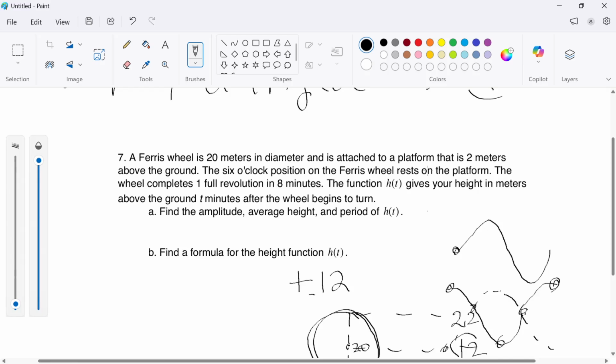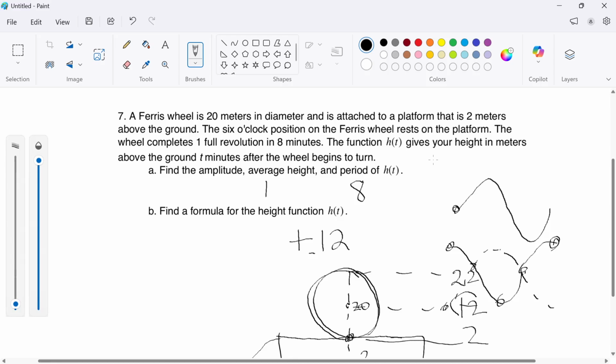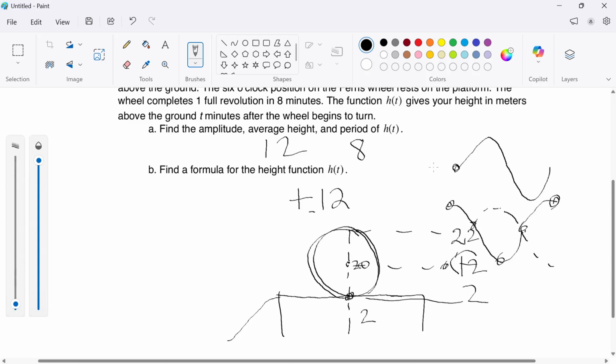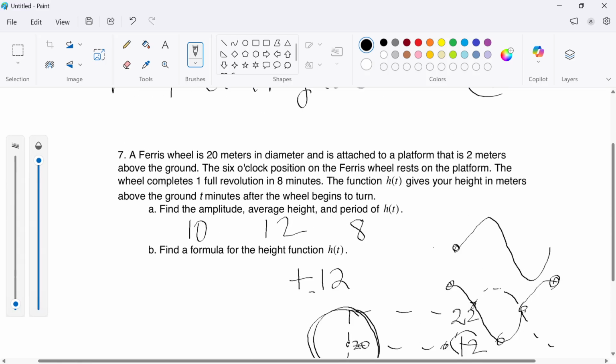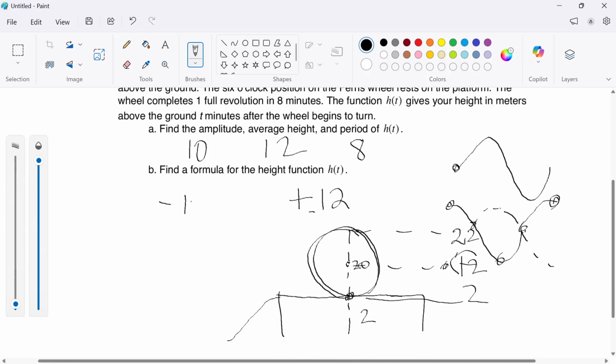And it tells me the period here is 8 minutes. The average height, the midline, is 12. That gives me the D. And the amplitude, it goes 10 up and down from that, 10. So in the formula, it's minus because it's upside down, so it's minus 10.